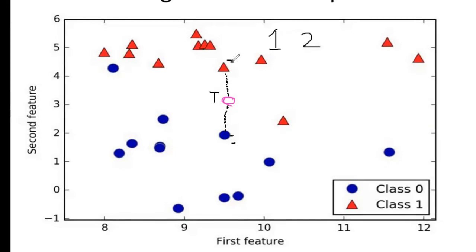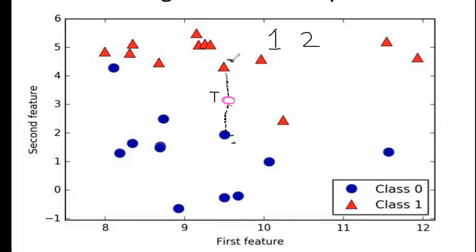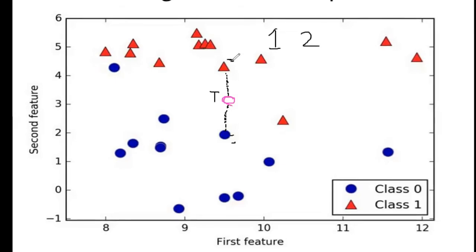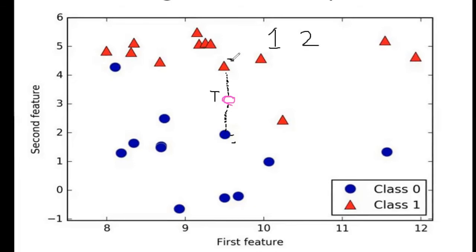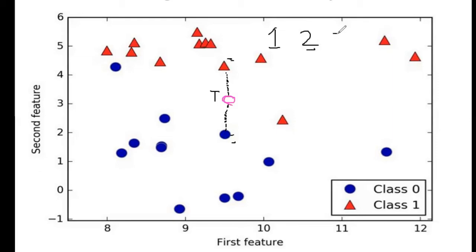Now it's a problem. That is the reason why we don't use an even number of neighbors. We always use odd numbers so that we have one class as the majority and the other class as the minority. So using two gives us no useful result.